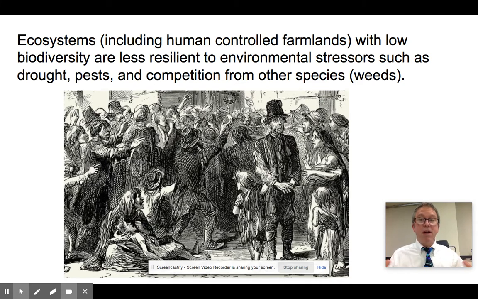They all had this one kind of potato and it fed everybody. And then it got this kind of blight, this kind of fungal infection. And people just starved to death. It's just like all the fields died. Okay. So that's the problem with having low biodiversity: when there are environmental stressors such as drought or pests or some other kind of competition, these monocultures tend to be susceptible to wide scale collapse, which can be catastrophic to people who rely on them for food.